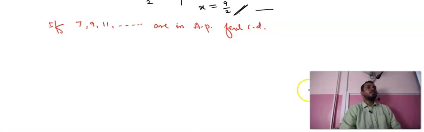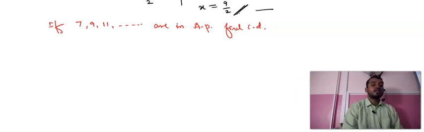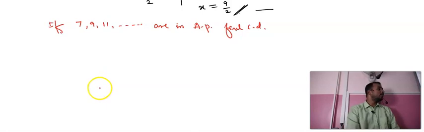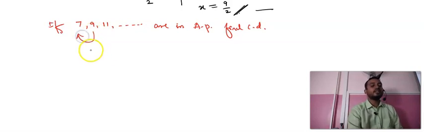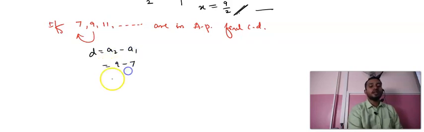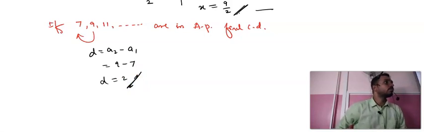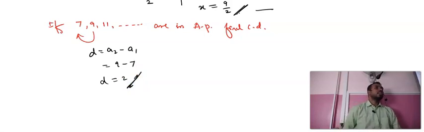So what is the common difference of this AP? a2 minus a1. 9 minus 7 is 2. Common difference is the second term minus the first term. That's all the answer. It will be a 1 mark question. You can expect a 1 mark question in this form.